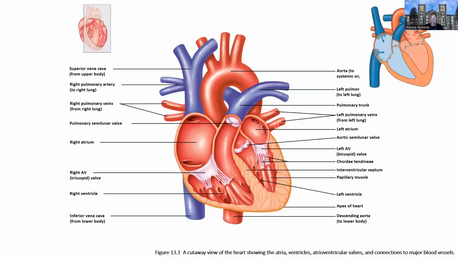So when we think about a vein versus an artery, it's not necessarily whether it has oxygenated or oxygen-poor blood, it is its direction of flow with respect to the heart. So pulmonary trunk or pulmonary artery leaves the heart, and then pulmonary veins come back to the left atrium.